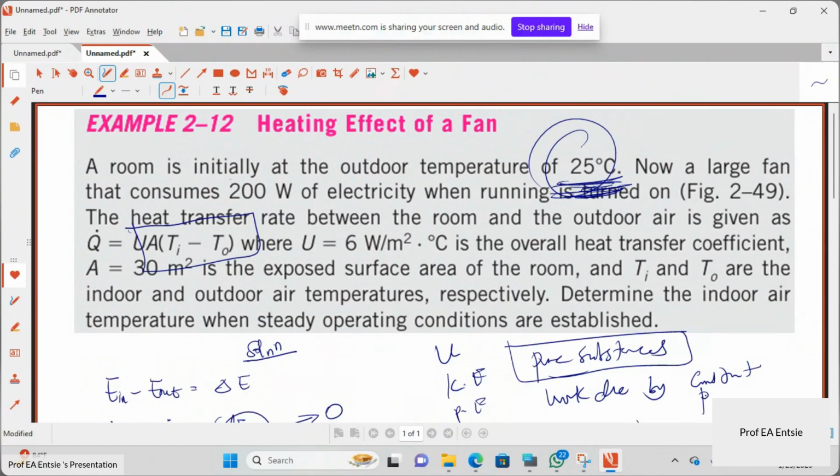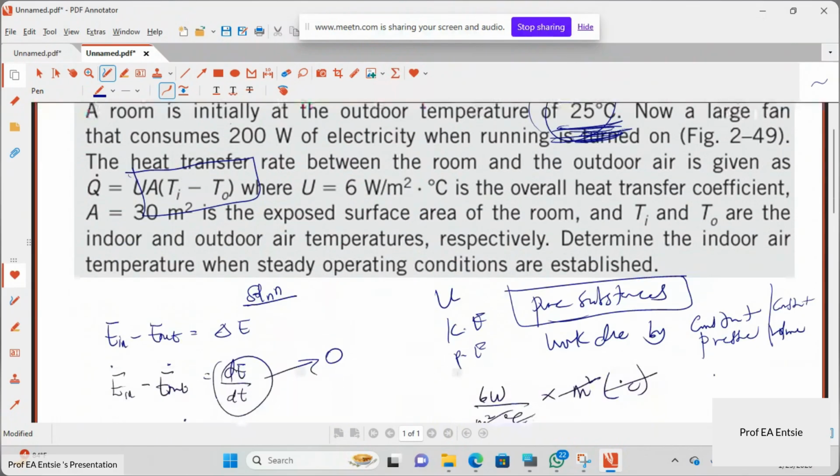I'll start with constant pressure, then go to work done by constant volume. That is our next lecture video. Then we look at the polytropic process.